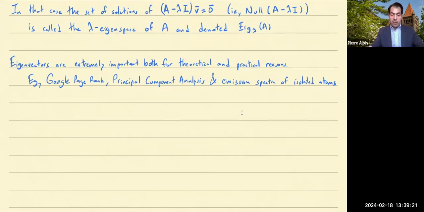Start with Google PageRank. In the before times, before Google, in the early 90s, the first search engines used text-based ranking systems to decide which pages were more relevant to a given search. You would type in your search terms, and the search engine basically just counted the number of times these words appeared on a web page. So this had very little to do with how relevant the web page was to what you were actually looking for.